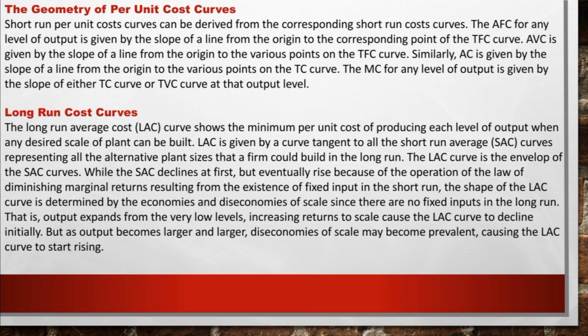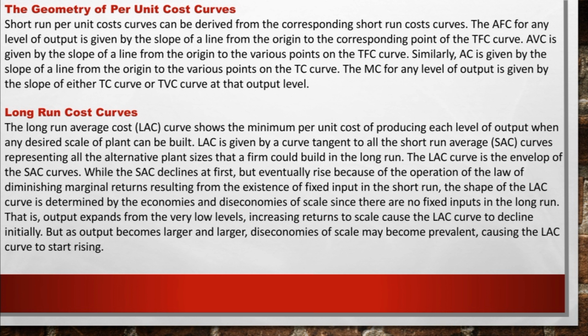The geometry of per unit cost curves. Short-run per unit cost curves can be derived from the corresponding short-run total cost curves. The AFC for any level of output is given by the slope of the line from the origin to the corresponding point on the TFC curve.